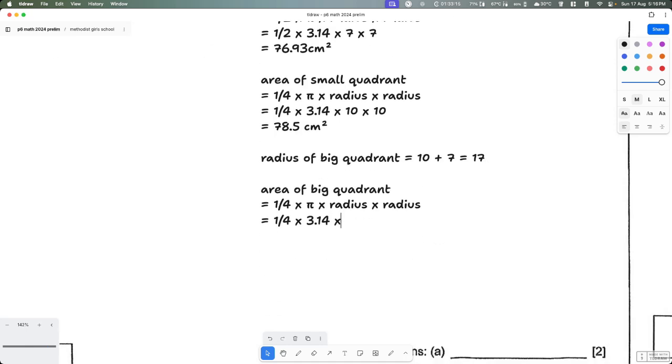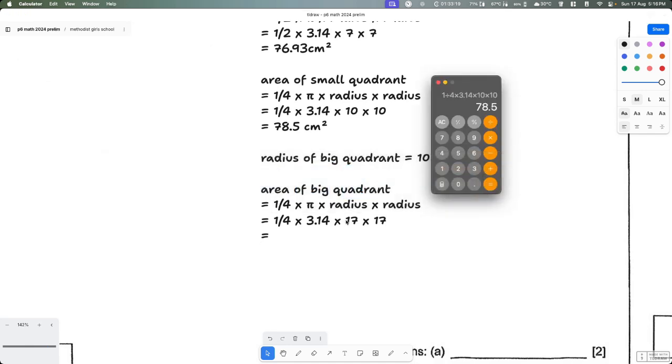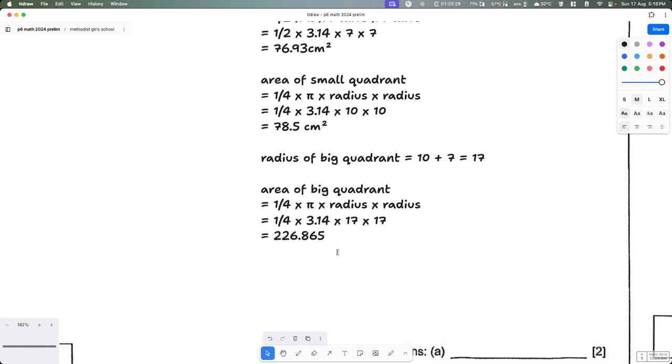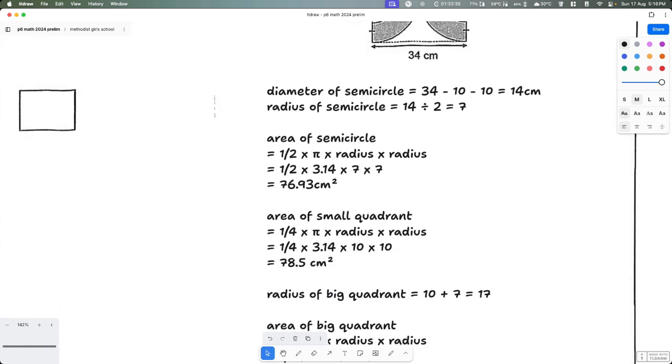So 1/4 times 3.14 times 17 times 17. Okay, this will give us 226.865 centimeter square.